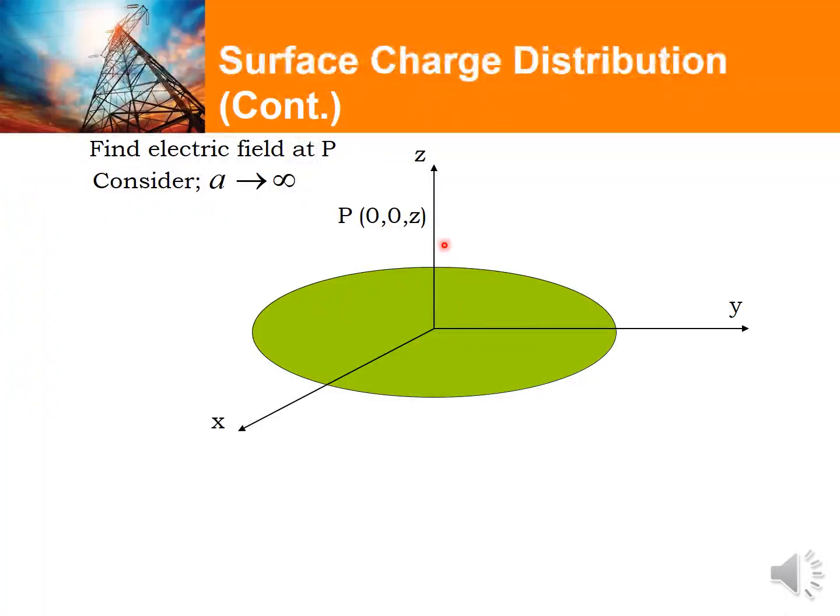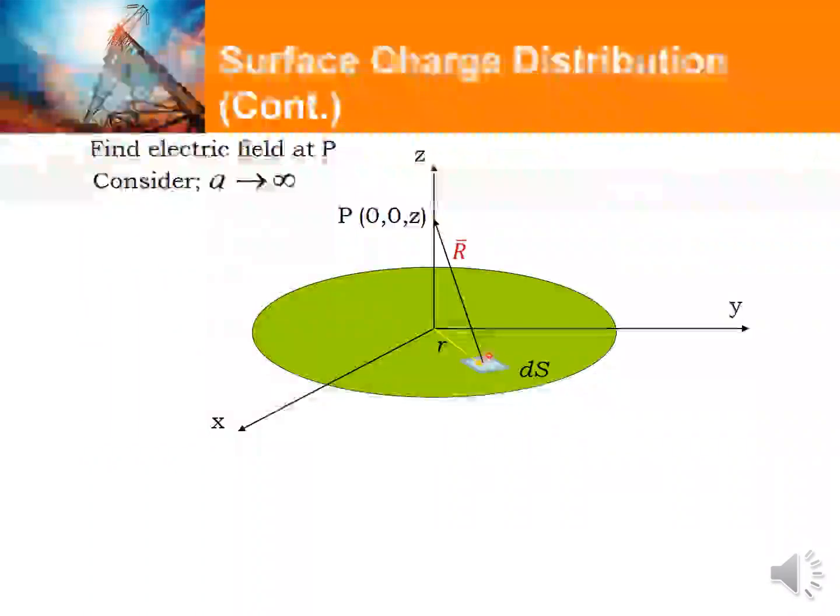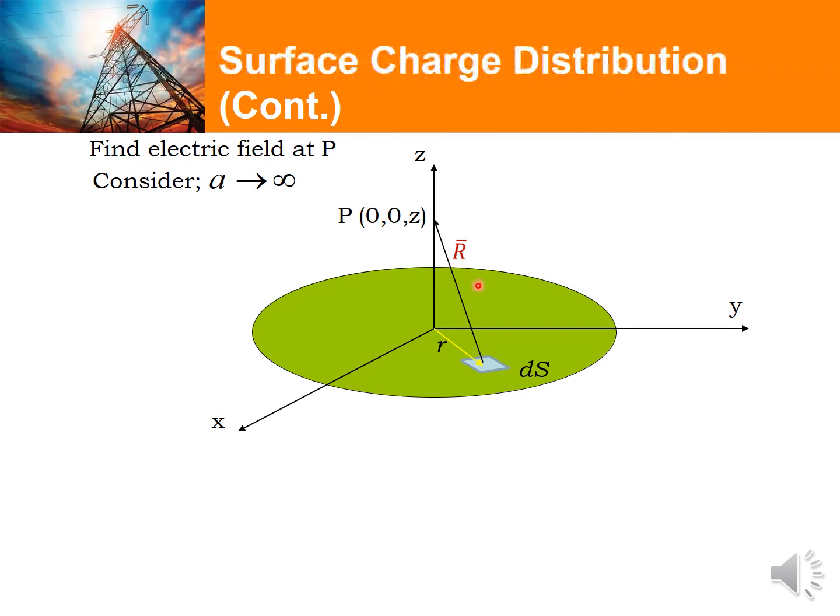To determine electric field at point P, again, we need to take one sample of area, or dS, a differential surface from this total circular area. And let's suppose dS would have some sample of charges dq, and the electric field due to dq at this point P is along the vector R.